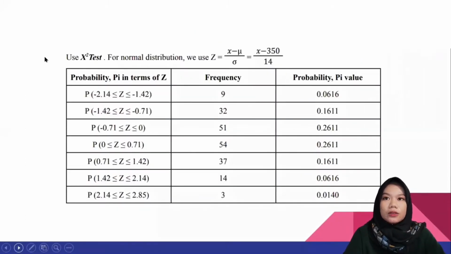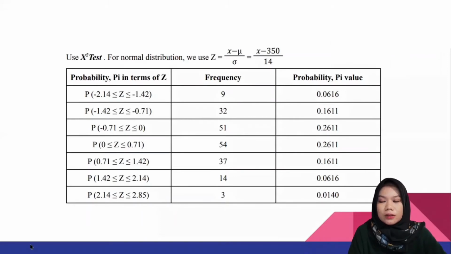We use the chi-square test for normal distribution, and we use the equation z in this column for the probability in terms of z, this column is the frequency, and this one is the probability value.